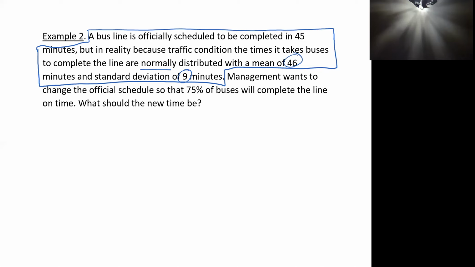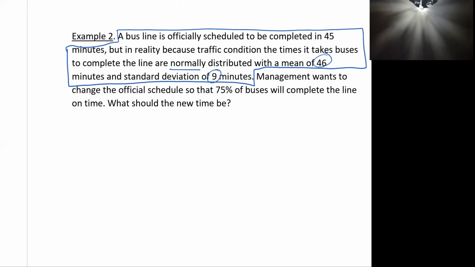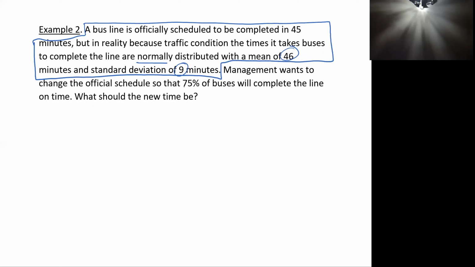Now next, management wants to change the official schedule so that 75% of buses will complete the line on time. So, whoops, my screen moves. 75% of buses. So we're given the percent. And we're asked for the new time.